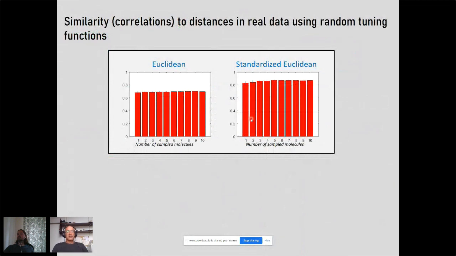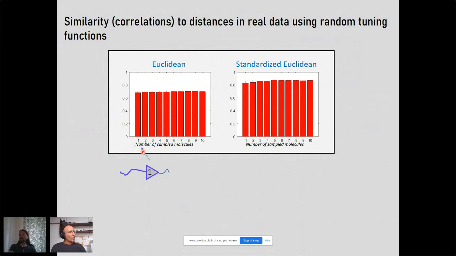And these are the results when we look at the similarity between the simulated data and the real data. What this number is, is the correlation between the 2 distance matrices that I showed you before. And we see the mean correlation over repeated simulations as a function of the number of sampled molecules.